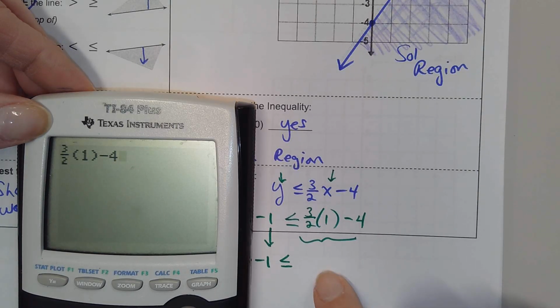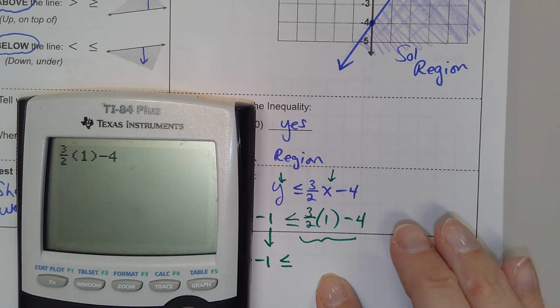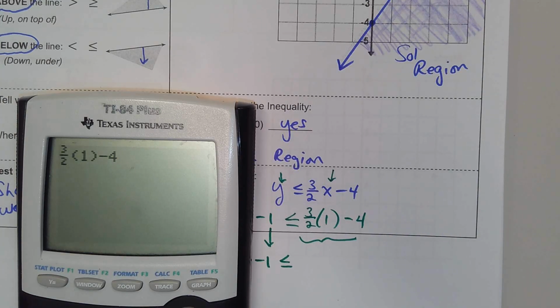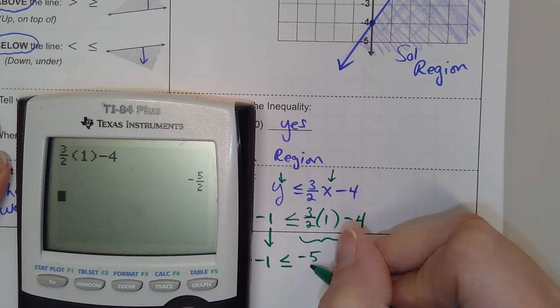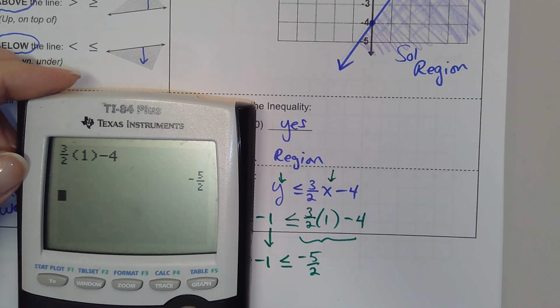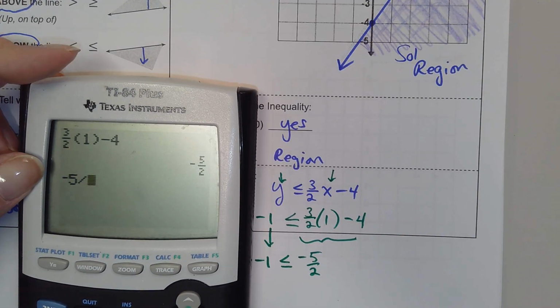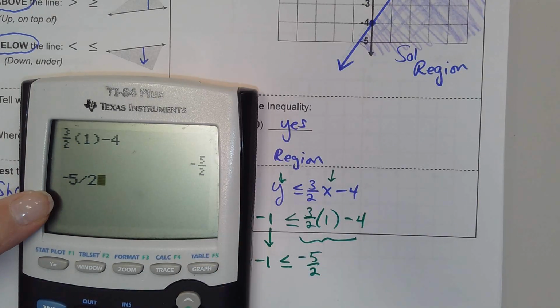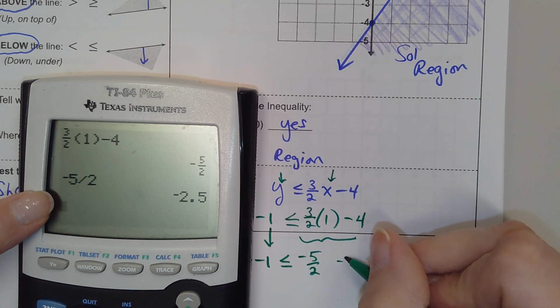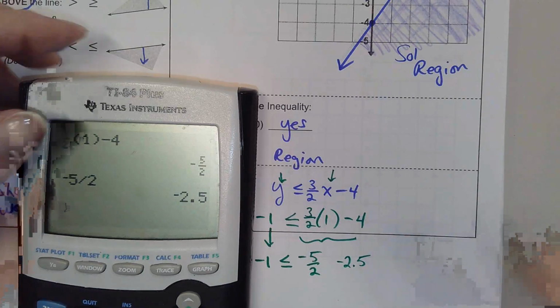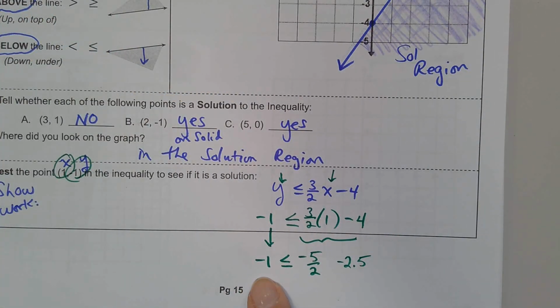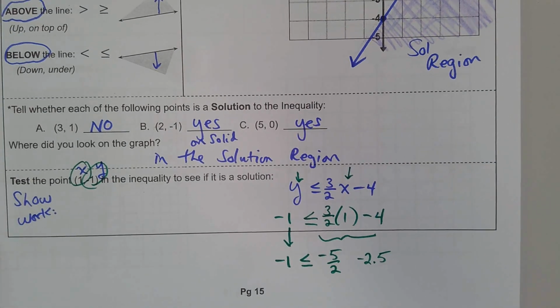And what does this side make? -5/2. Let's see, -5 divided by 2. The decimal is -2.5. Is -1 less than -2.5?